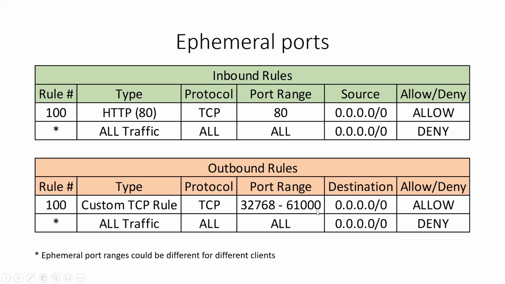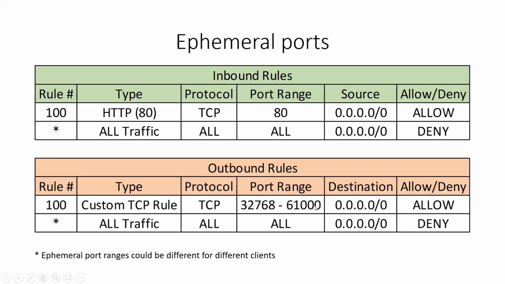If it's Windows XP, I believe it starts from 1000 itself. They changed it to start from 50,000 starting from Windows 2003 Server or something like that. But anyways, this port range is different for different client machines. But this typically works for almost everybody. You can safely allow it. This is an ephemeral port range.